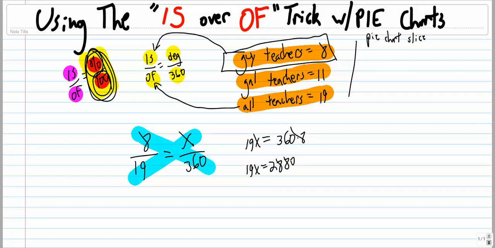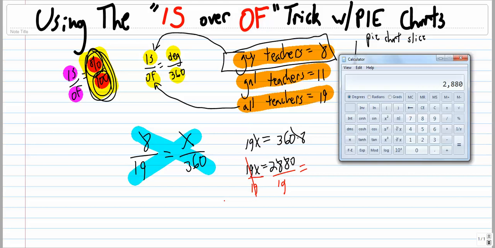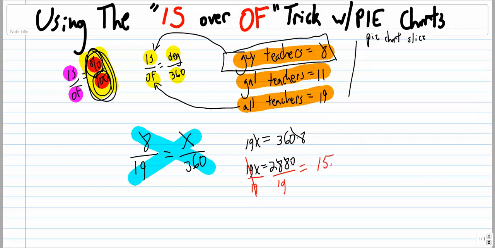To get rid of the 19, just divide by 19 on both sides, and I get 151.57. Moodle likes 2 decimal places, so I'm going to call it 151.58 degrees.